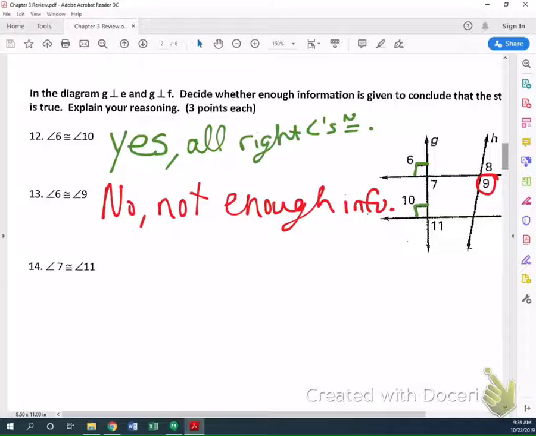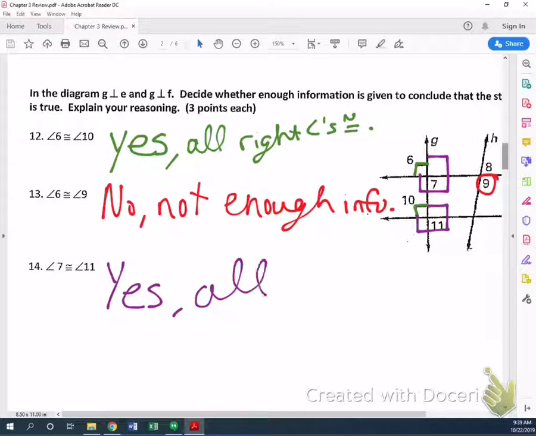You just have to go on what you know, or if you don't know enough. So we don't know enough to conclude that 9 and 6 are congruent. What about 7 and 11? So remember, if we have perpendicular lines, we actually have 4 right angles. So you can add the information that all of those are right angles. So would 7 and 11 be congruent? Yes, and the same reason as above, that all right angles congruent.